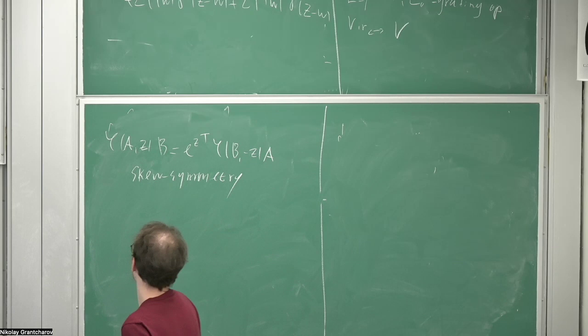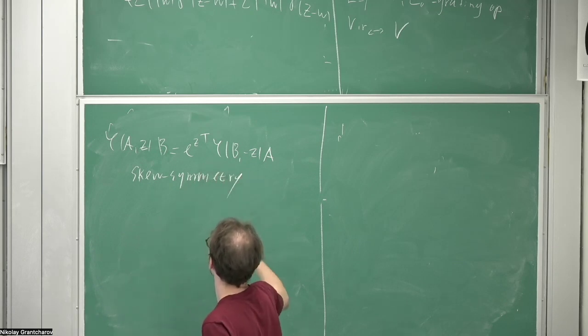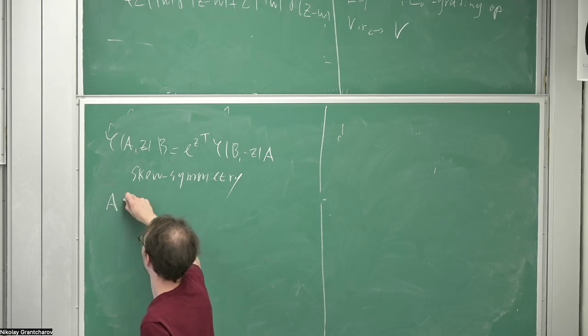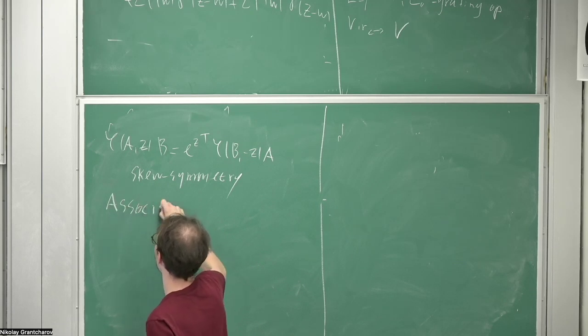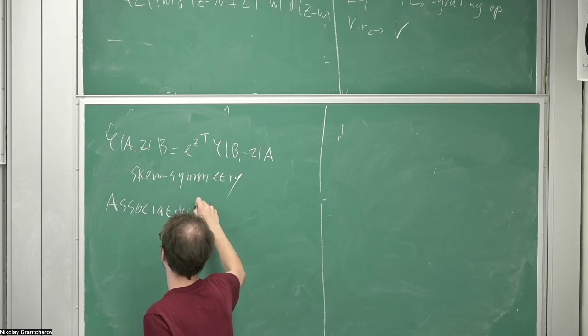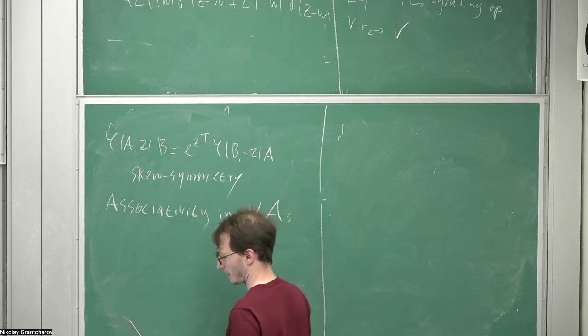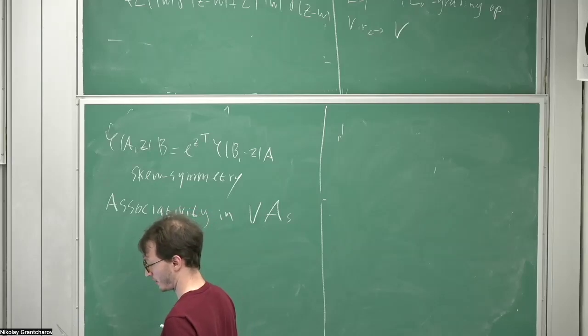One of the consequences of this kind of symmetry is that there is also some kind of associativity in vertex algebras, which is stated as follows.